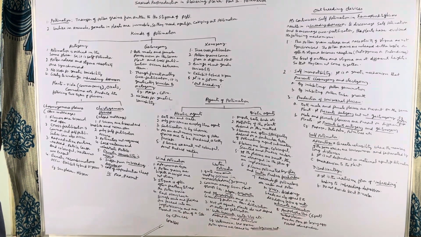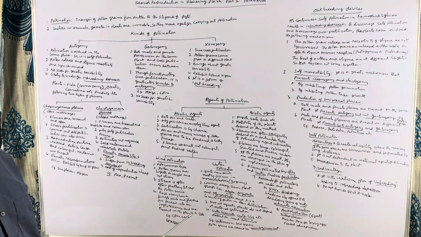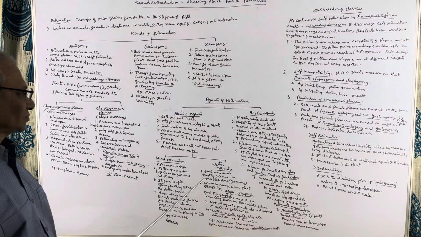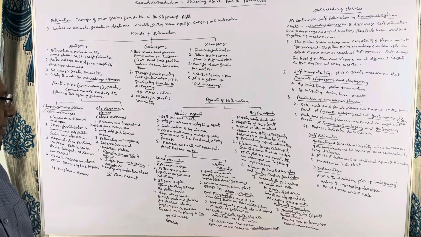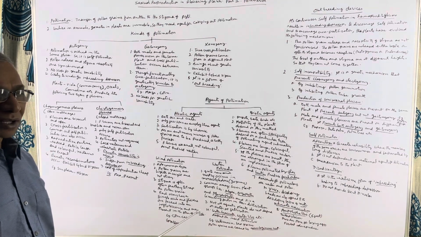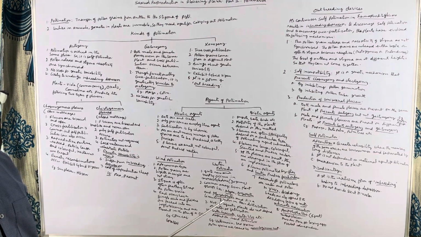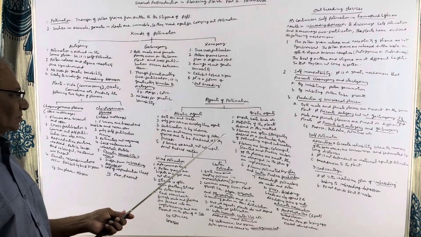Then coming to biotic agents. There are a number of animals that are involved in pollination of plants. Insects, bats, birds, some rodents, some primates, etc. All these contribute to pollination in plants.